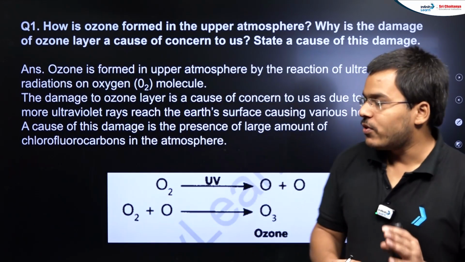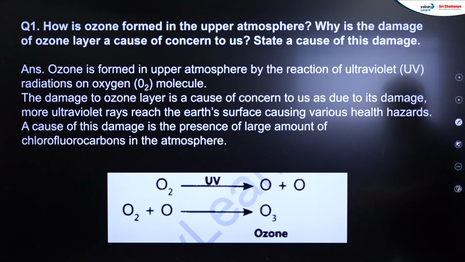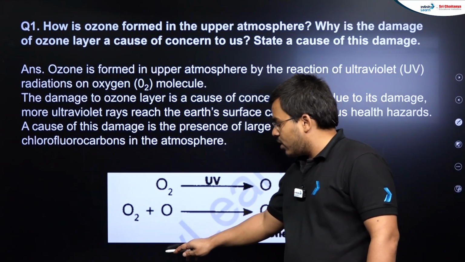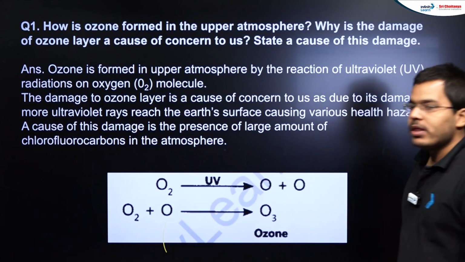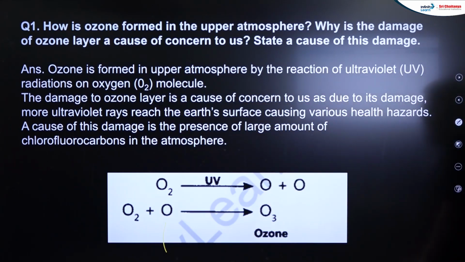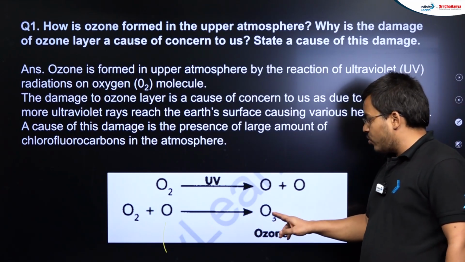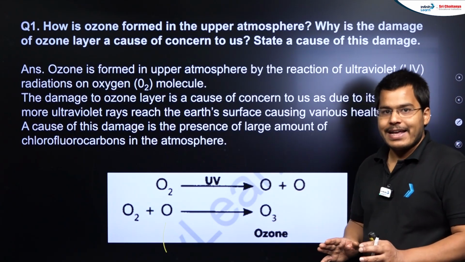Now let's talk about how the ozone layer forms. A nascent oxygen atom combines with an oxygen gas molecule, and it forms O3. O3 is the ozone gas.